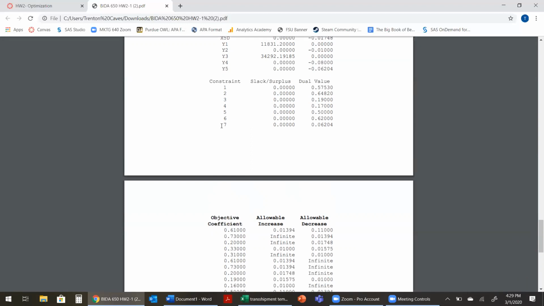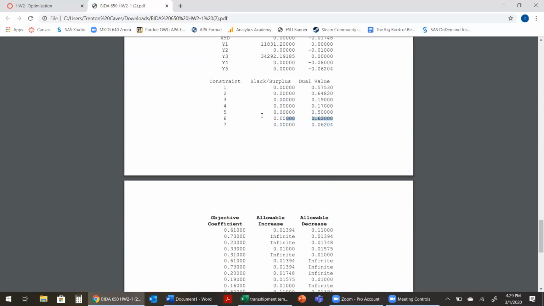So would it, go ahead. I was going to say, would it be fabric 3? So let's count down 1, 2, 3. Fabric 3 has a dual value of 50 cents. Fabric 4 has a dual value of 62 cents. Fabric 5 has a dual value of 6 cents.